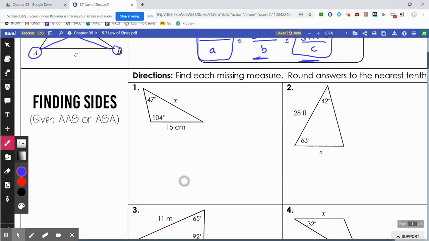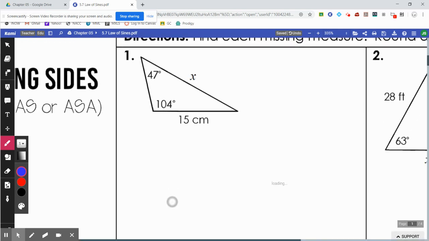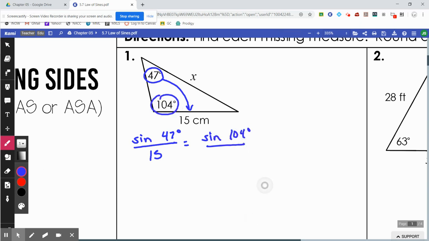Find each missing measure and round your answers to the nearest tenth. Now the setup here is super easy. Here's all you have to do: find an angle and the side across from it. The sine of that angle over the side across from it will always equal the sine of the other angle over the side across from it. It's a proportion.